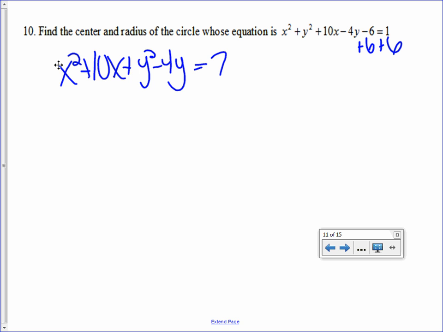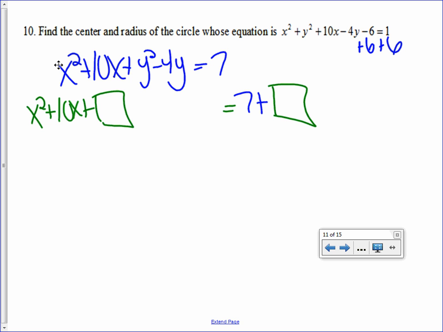Now I'm going to complete the square for the x's. Let's get some space here. And I'm going to complete the square for the y's.